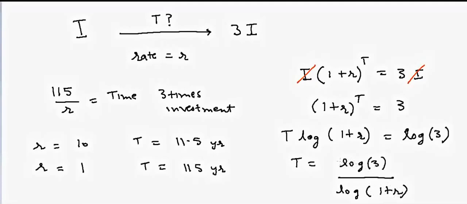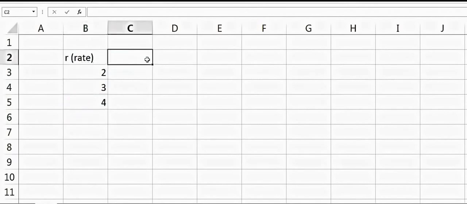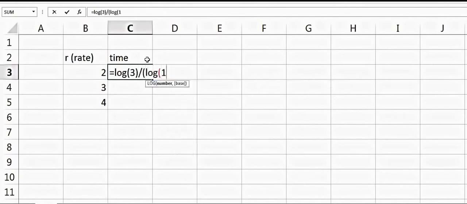So let's try to solve this equation in Excel. If I go to Excel, suppose r is my rate, and the rate varies from 2, 3, 4, and our time will be equal to log of 3 divided by log of 1 plus rate.